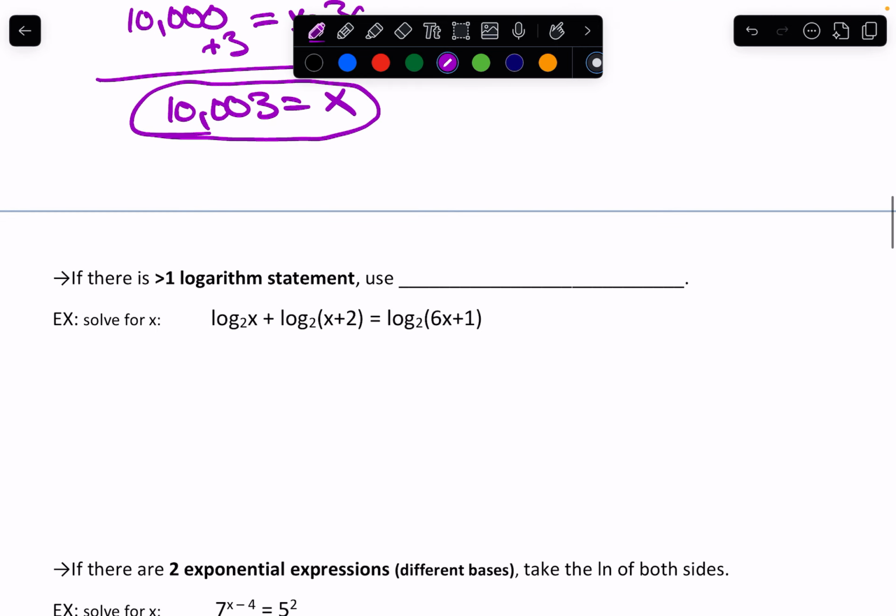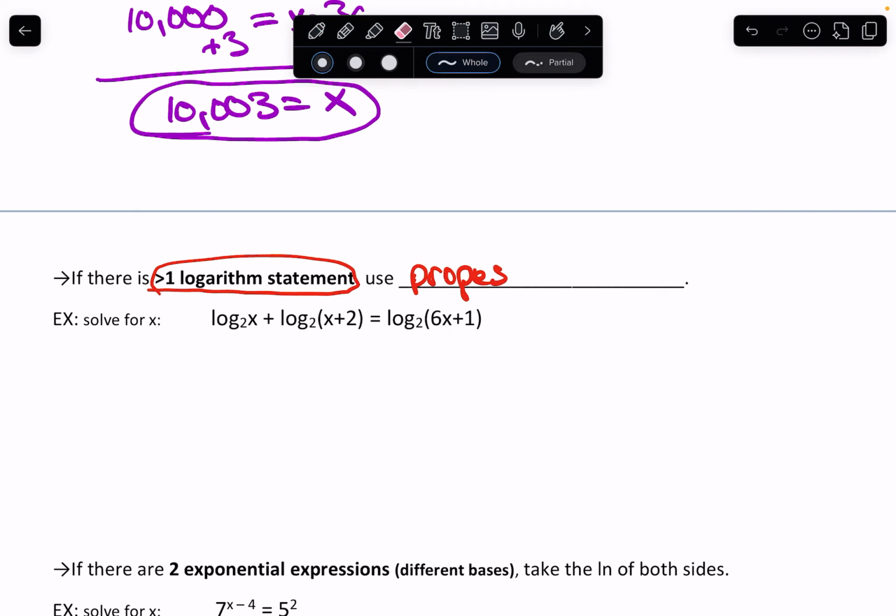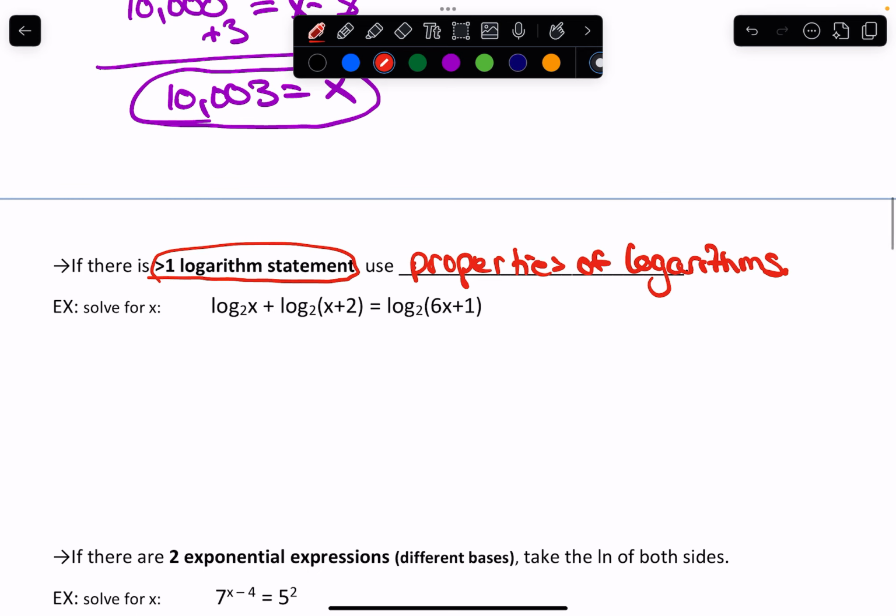If there is more than one log statement, use properties of logs. Okay, so we have more than one log statement here.